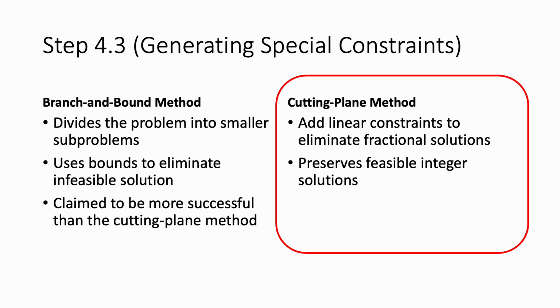Okay, so intuitively, again, we solve the ILP first using our LP. So when we solve the LP relaxation of the ILP and we get fractional values, it tells us that the feasible solution space is too large. Again, why is it too large?